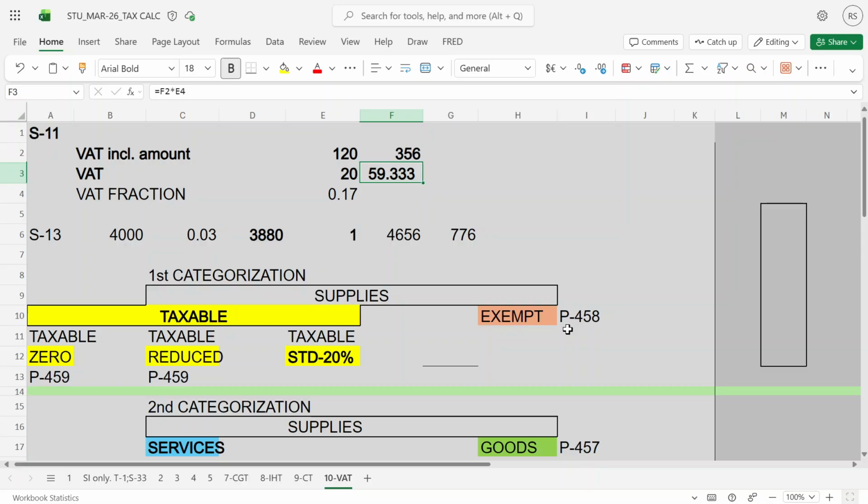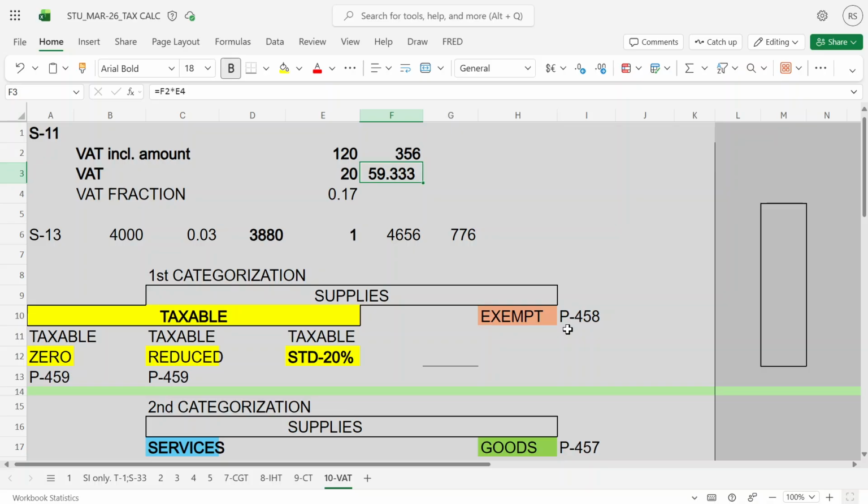Why do we need this VAT fraction? You will need it in the exam, because most likely your question will say that the VAT inclusive price was so much. In that case, in the input tax credit column, you have to calculate the VAT amount, because that's the amount you're claiming.